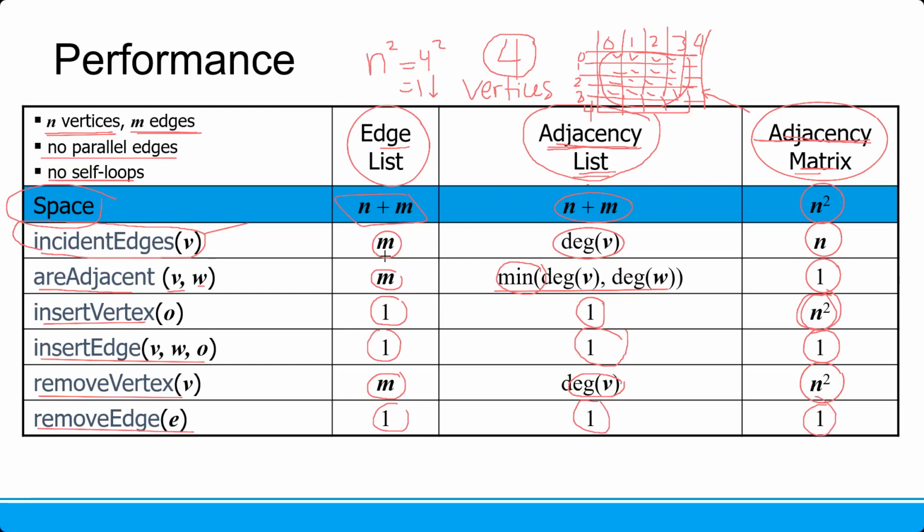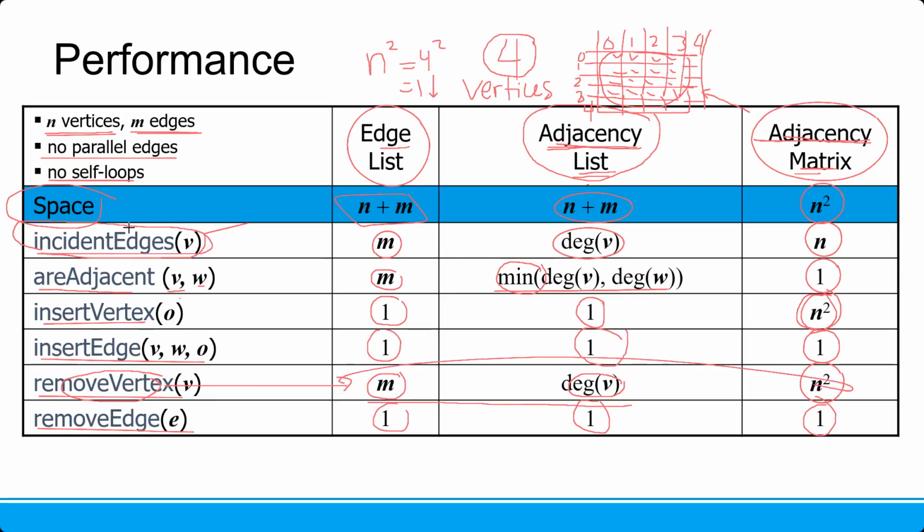So from this, what can you get? The most important thing in making your graph is the vertex. When you remove the vertex, the computation time goes up.